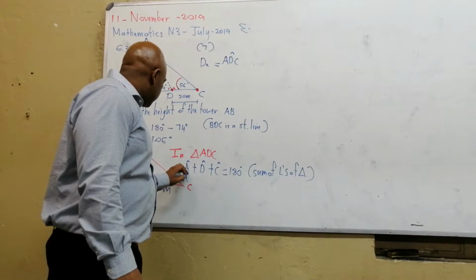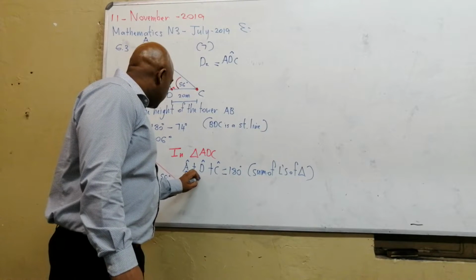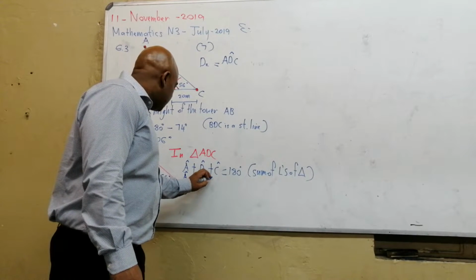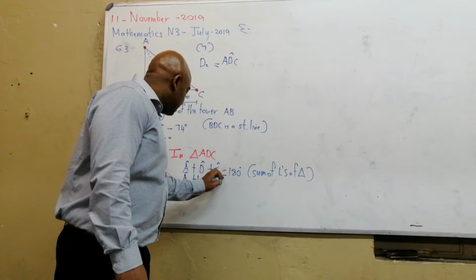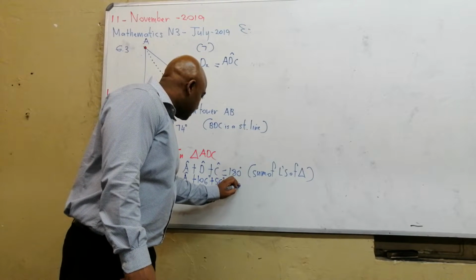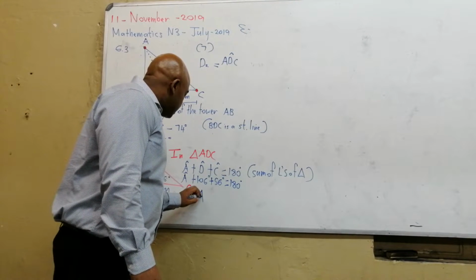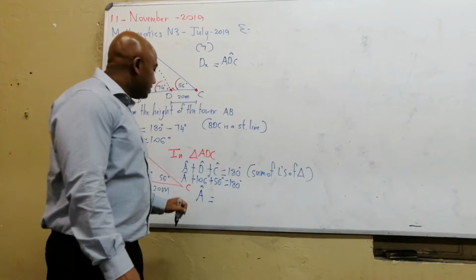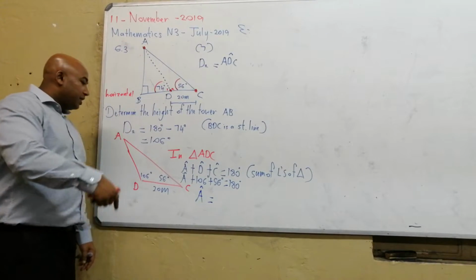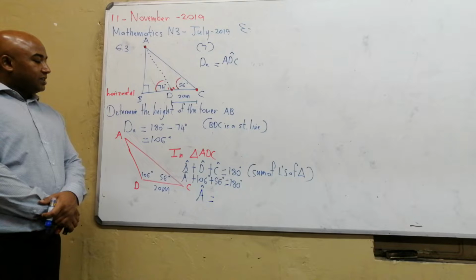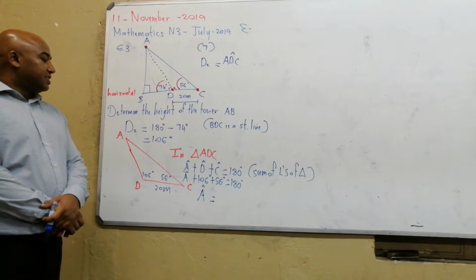So A plus 106 degrees plus 56 degrees is equal to 180 degrees. So A is equal to 180 minus 106 minus 56 degrees.